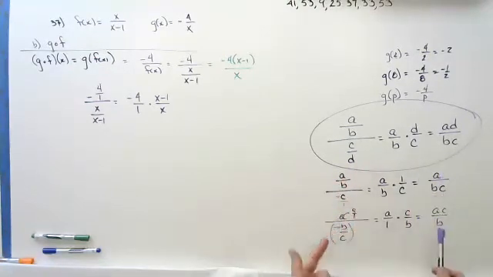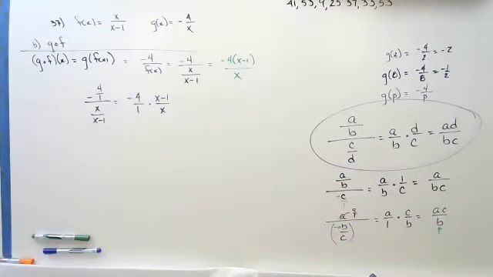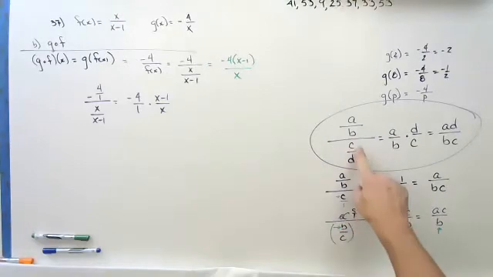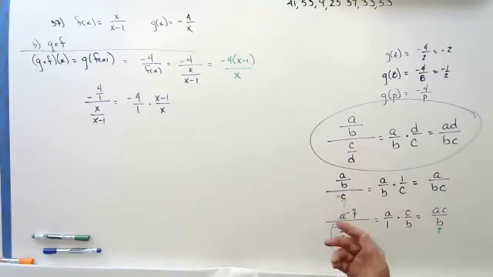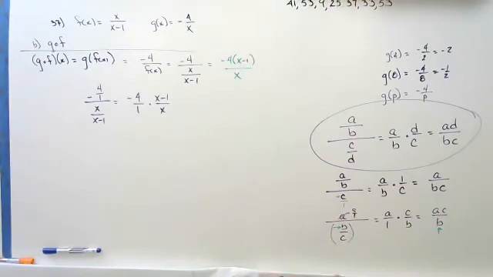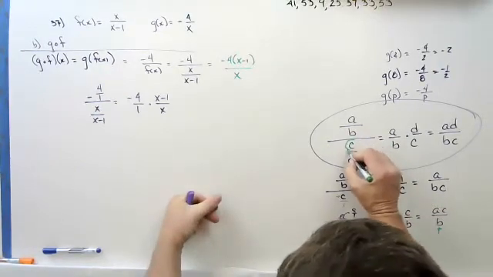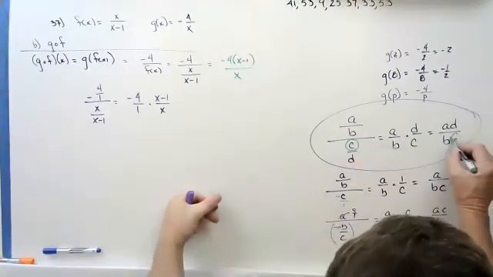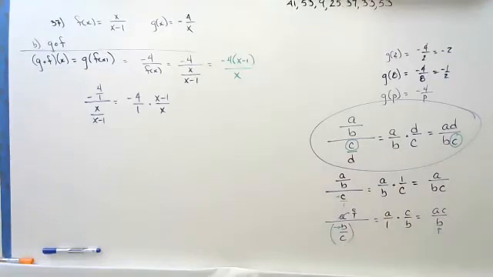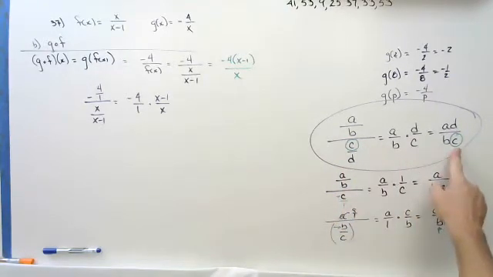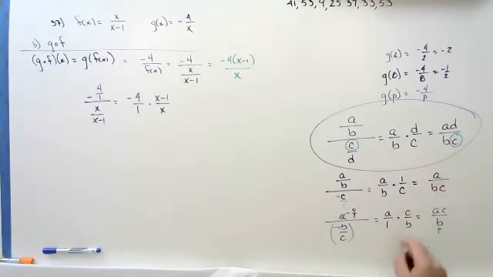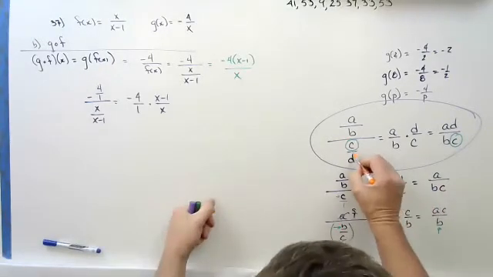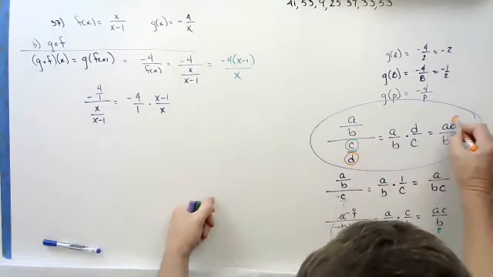I proved it to you right here. Right? So the denominator's numerator, let's circle them. The denominator's numerator turns out to be a denominator. And the denominator's denominator turns out to be a numerator.